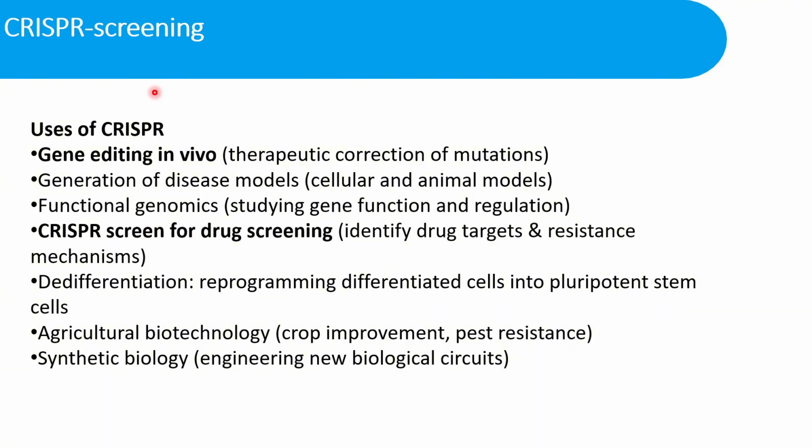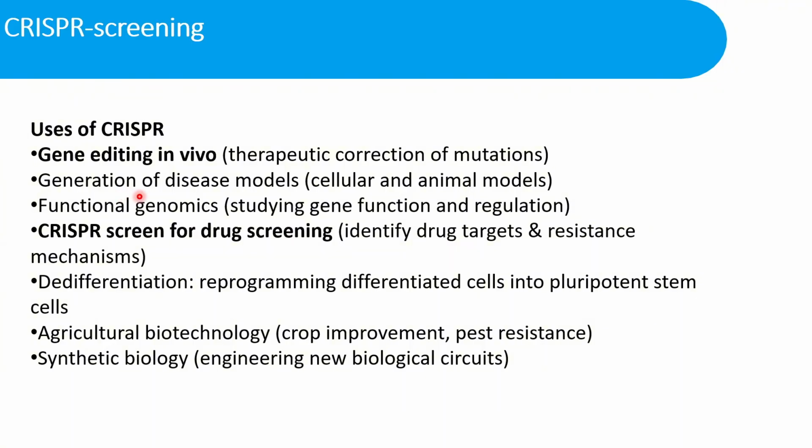CRISPR is incredibly versatile with many applications beyond screening. Actually, this slide focuses on other uses of CRISPR. So one of the uses is gene editing in vivo or in living animals for therapeutic corrections of mutations, or even for producing transgenic animals for many goals. For example, one of the goals is for stem cell transplantation.